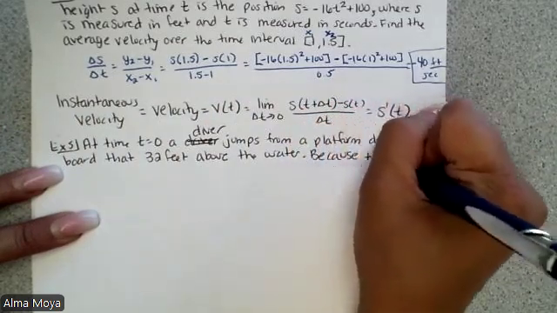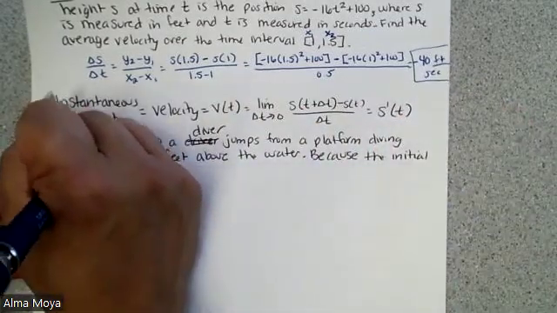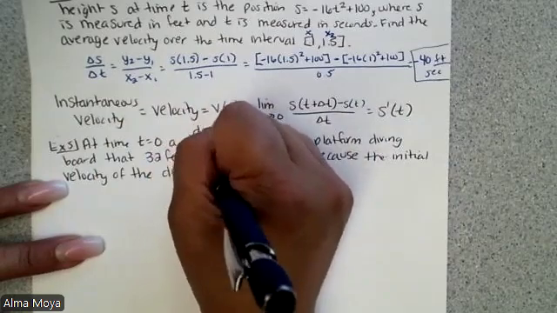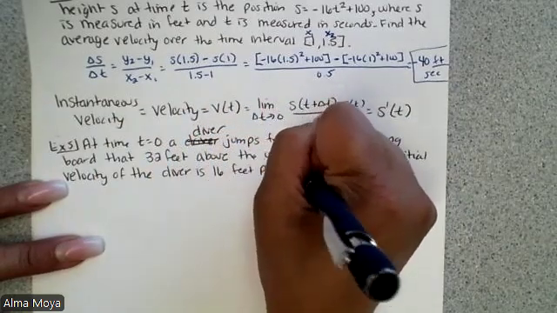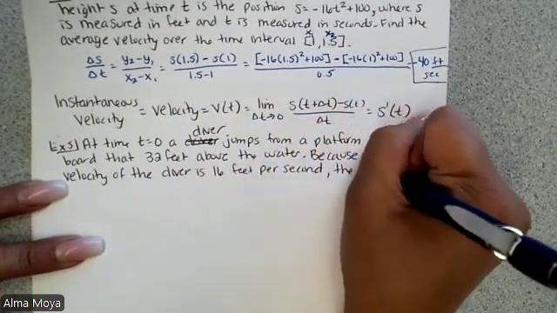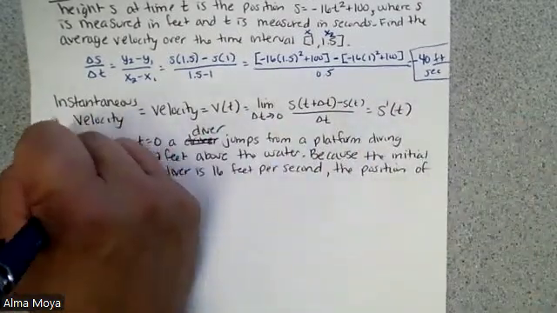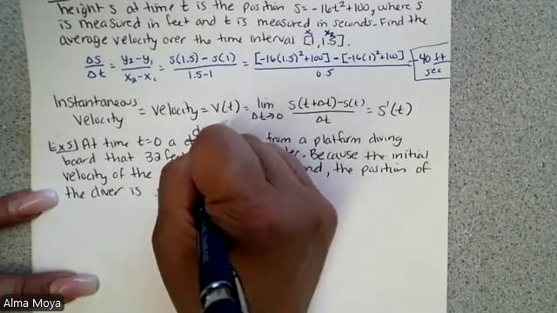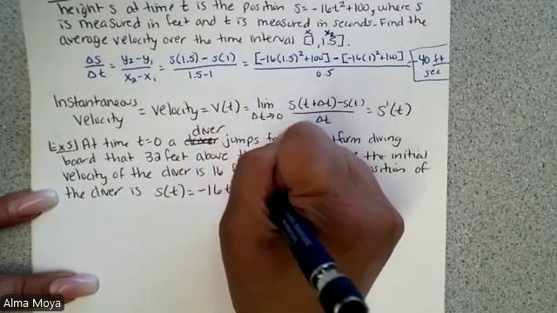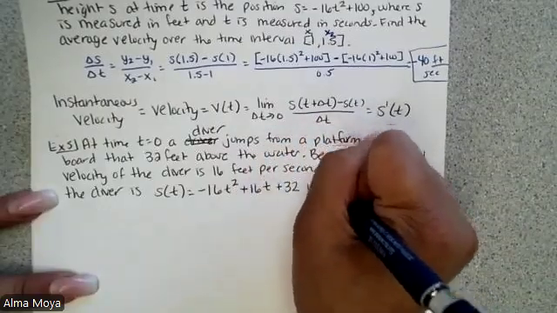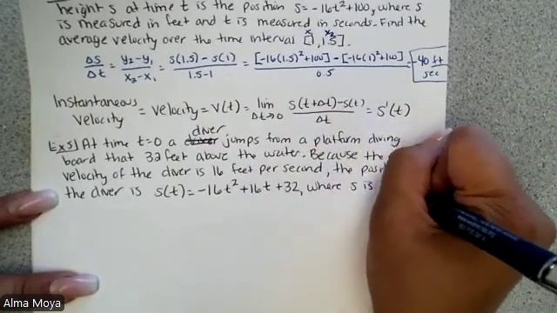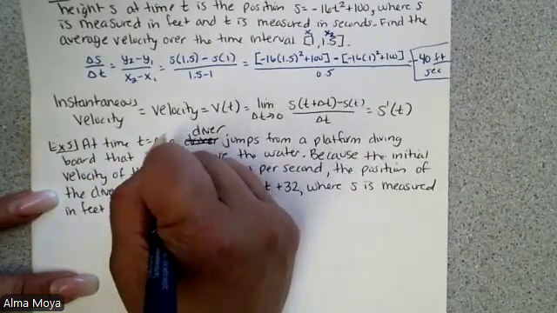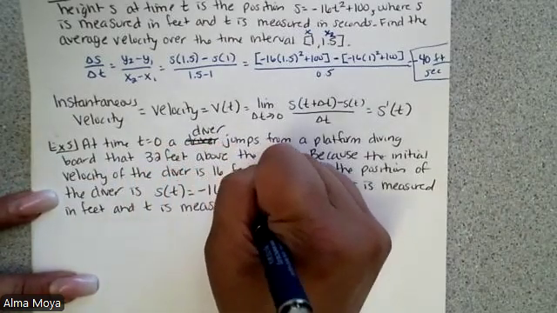Because the initial velocity of the diver is 16 feet per second, the position of the diver is S of t equals negative 16t squared plus 16t plus 32, where S is measured in feet and t is measured in seconds.